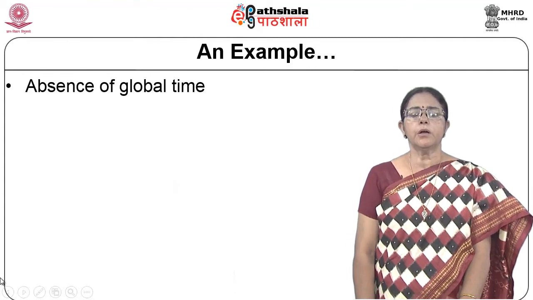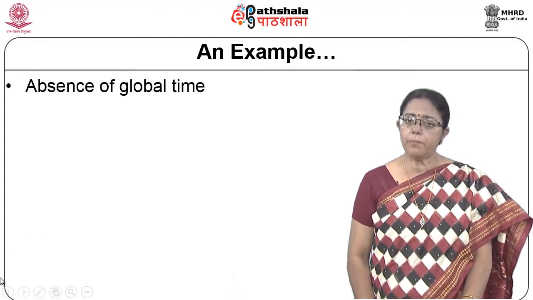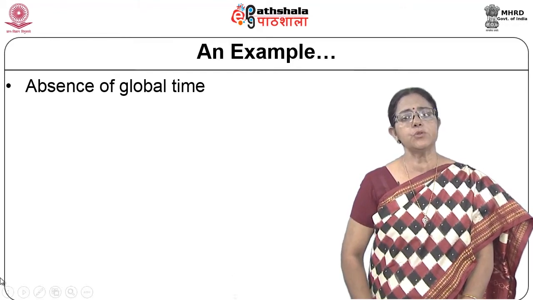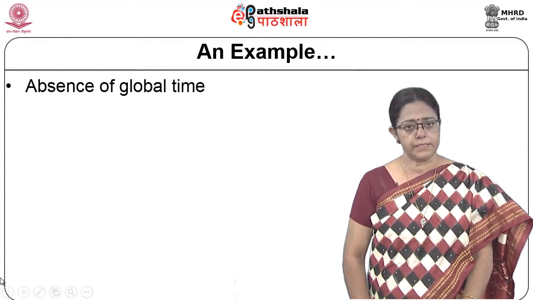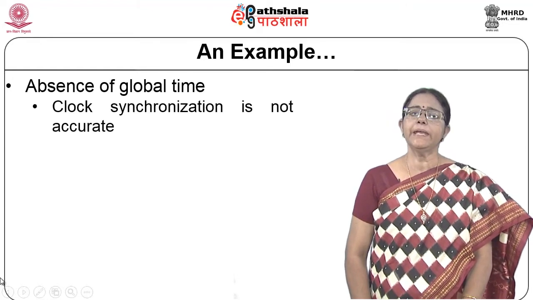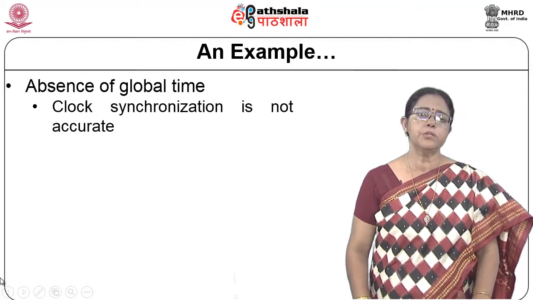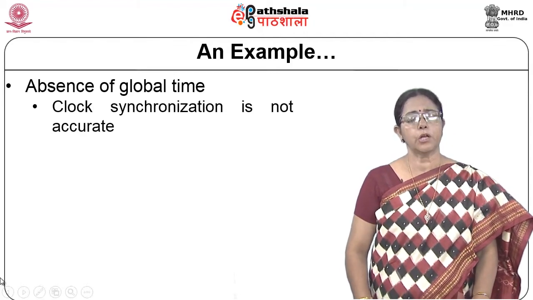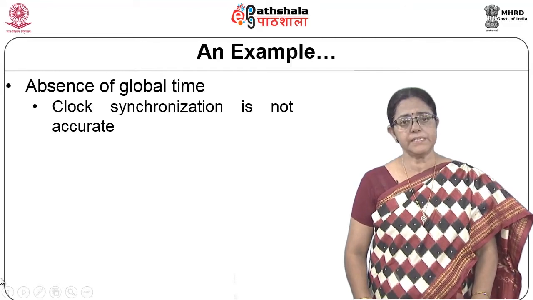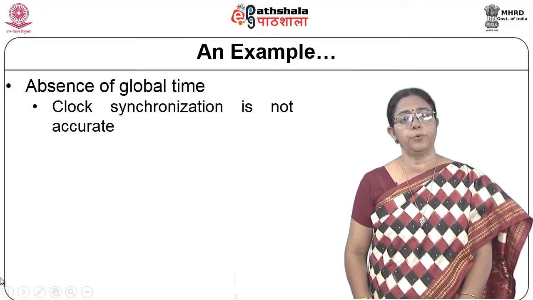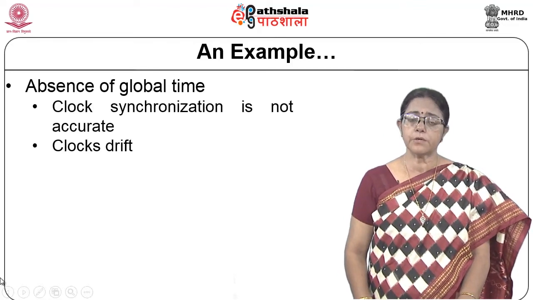So, what are the exact problems? The problem is the absence of a global clock, where there is no concept of a global clock in a distributed environment. We looked at in earlier modules how to do clock synchronization using physical clocks, but we saw that it is not a foolproof mechanism because of two factors.